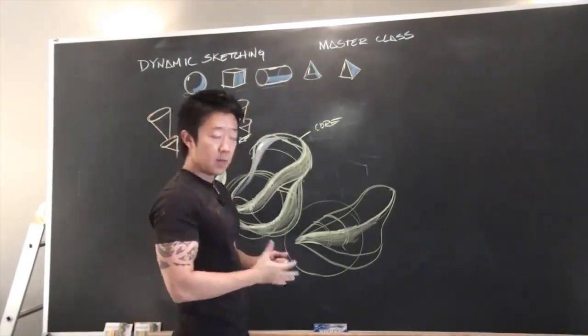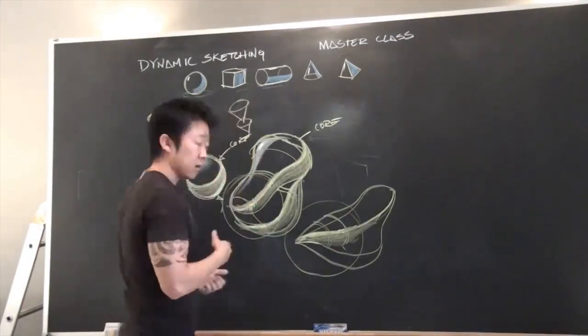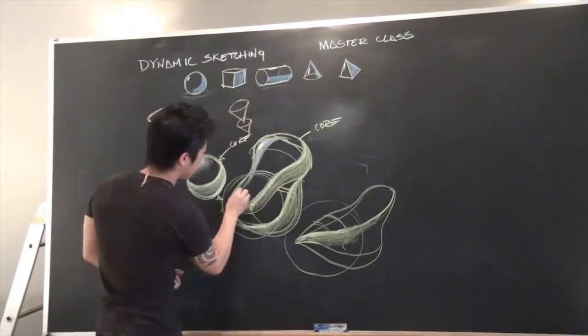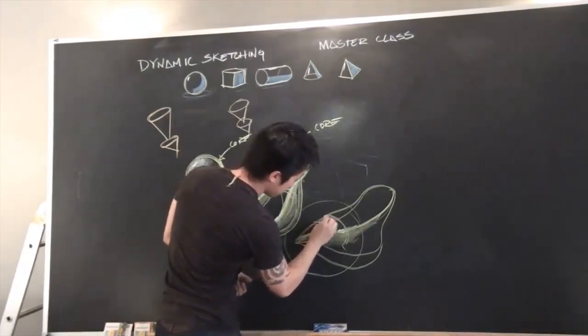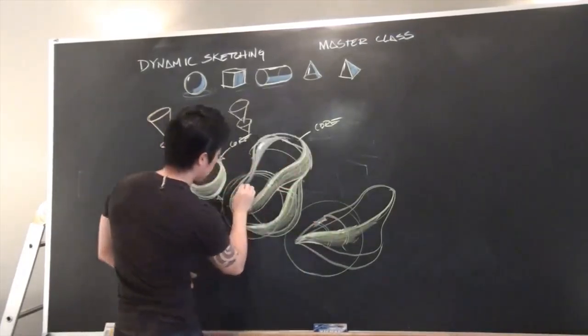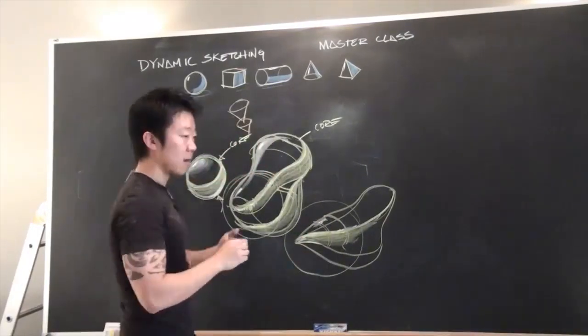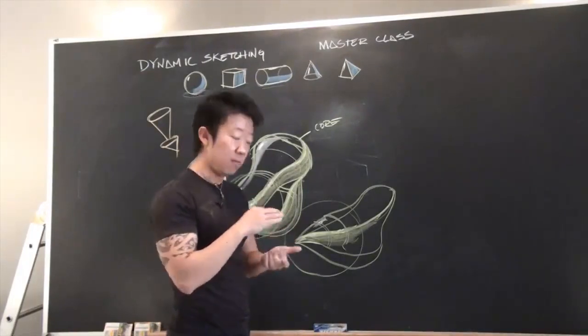If you feel confident that you've done your core shadows well enough, you can use your gel pen, your white, and go on top and hit it with a white if you like, just to experiment with it and try it out, just to see how it turns out. Be careful with the whites. With any other material than the pen itself, you need to be very, very minimal about it.